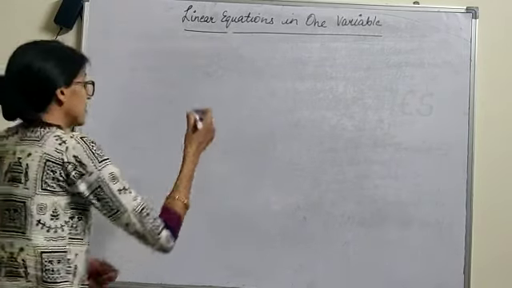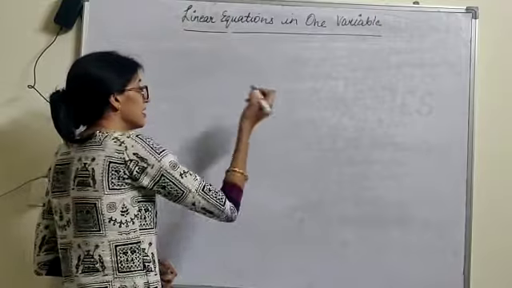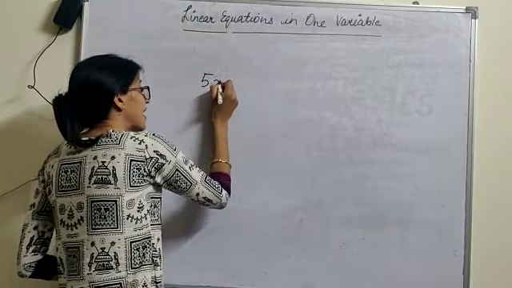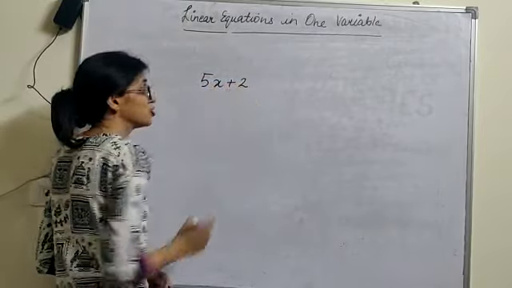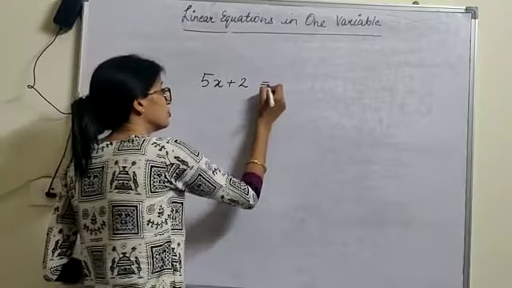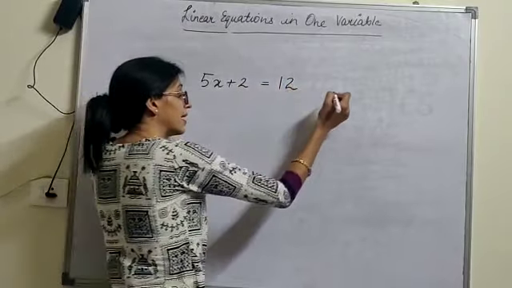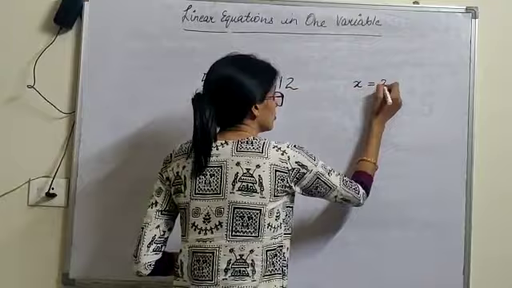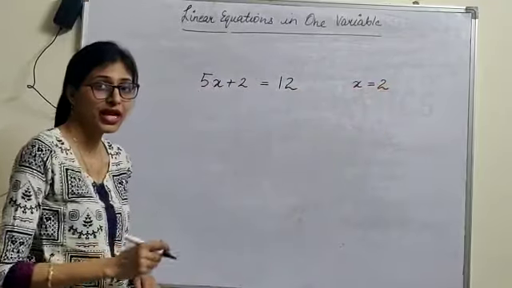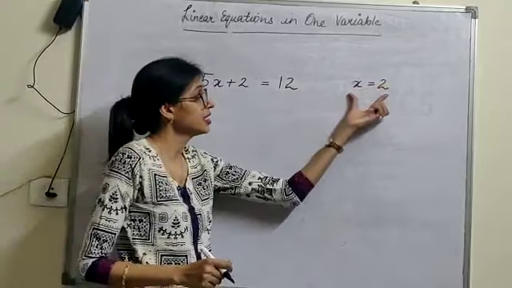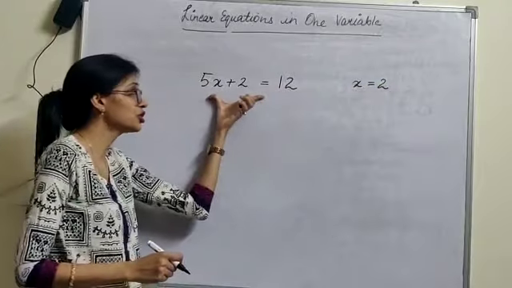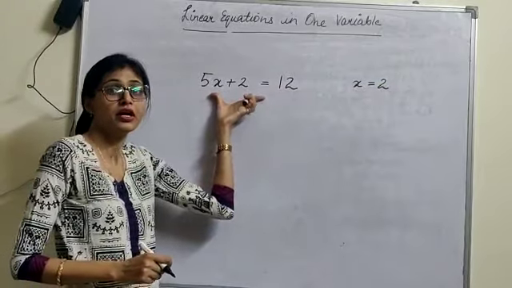First of all, suppose an equation is given to you, 5x plus 2 equals 12, and x equals 2. You have to check whether x equals 2 is a solution of the given equation or not.